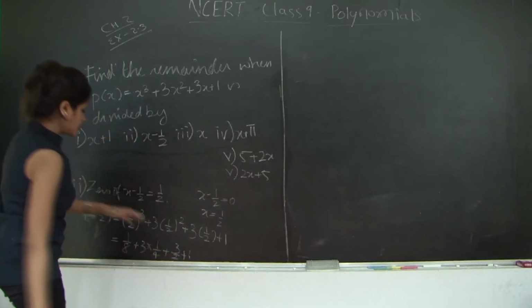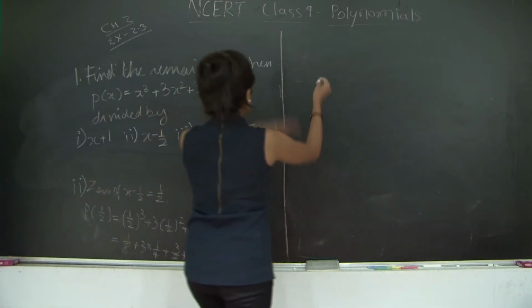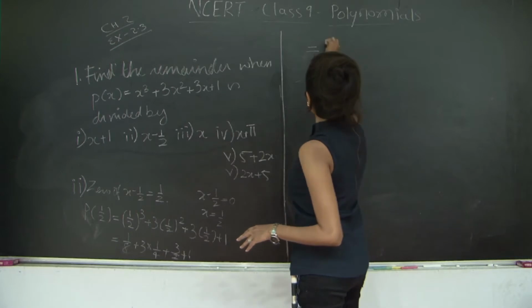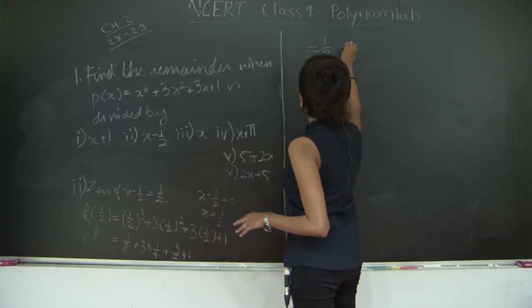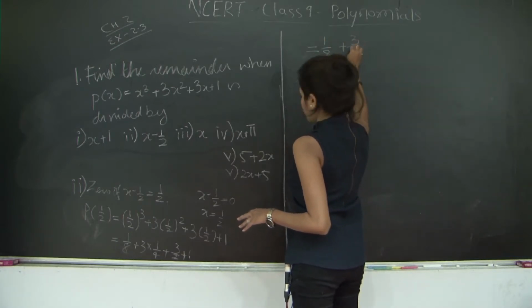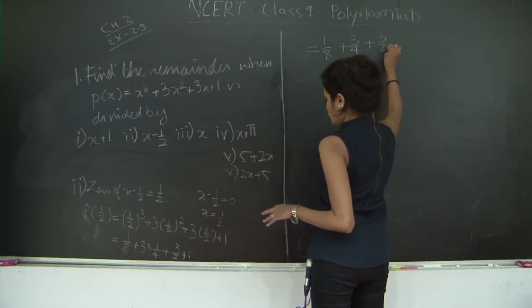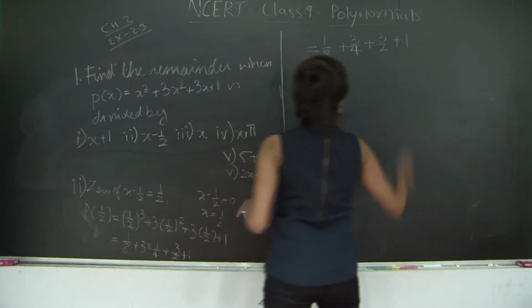Now I do not have much space left here, so I am just going to continue to the other side of the blackboard. So this becomes 1 upon 8 plus 3 upon 4 plus 3 upon 2 plus 1, right?